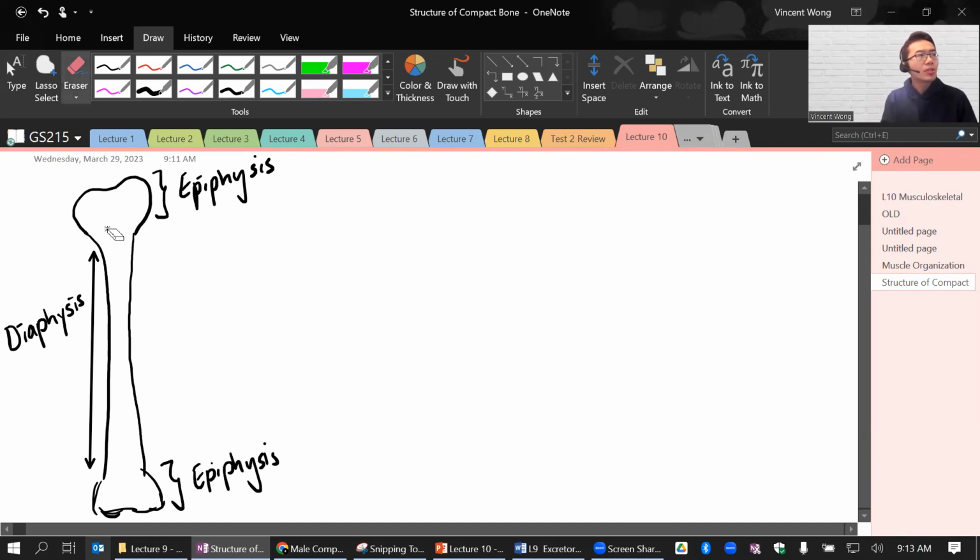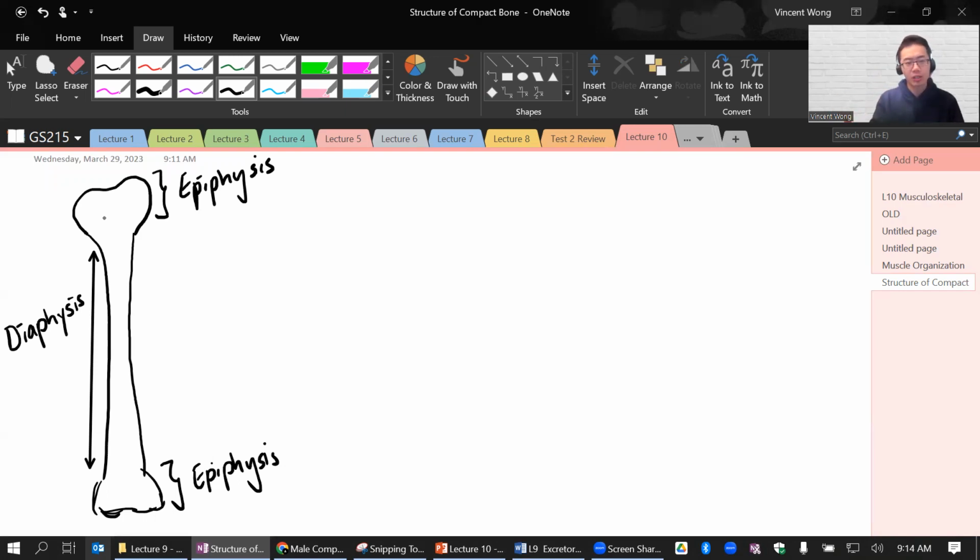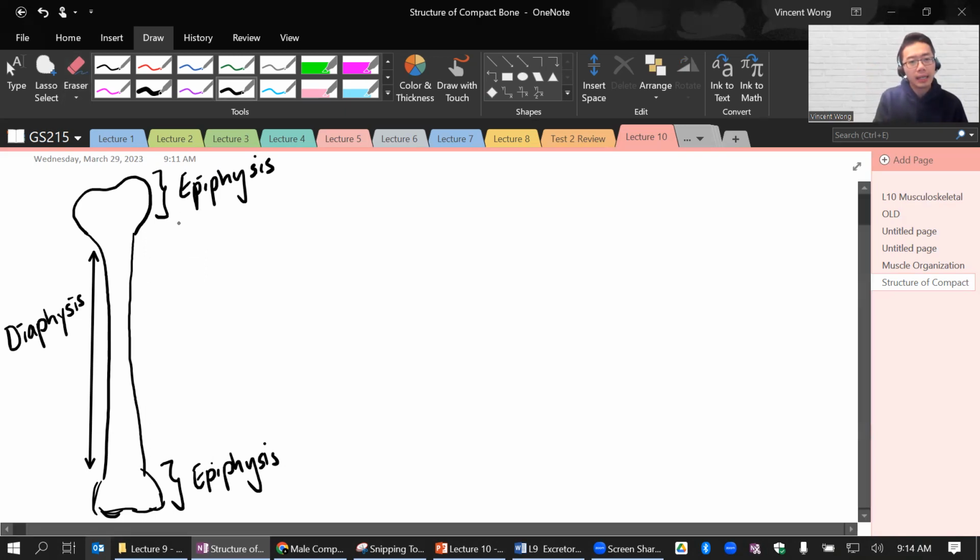Now the bones that are located at the ends, at the epiphysis, are kind of like honeycomb structures. Okay, they're not solid, densely packed. They're honeycomb structures, and we call them spongy bones. The epiphysis contains spongy bones, which are, again, honeycomb.